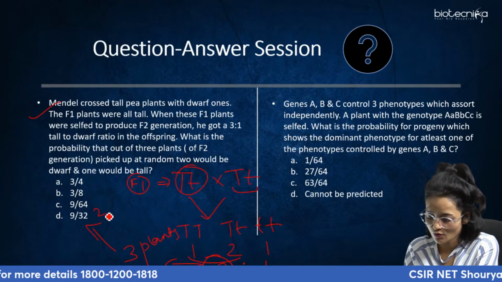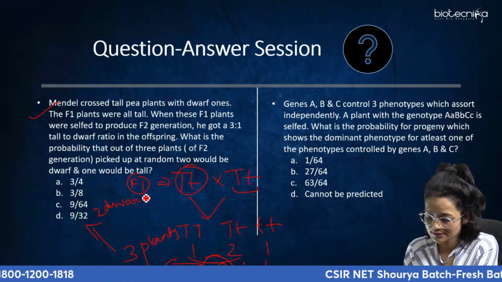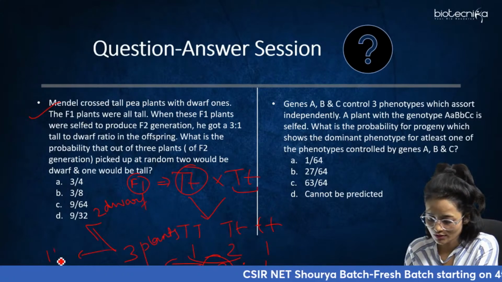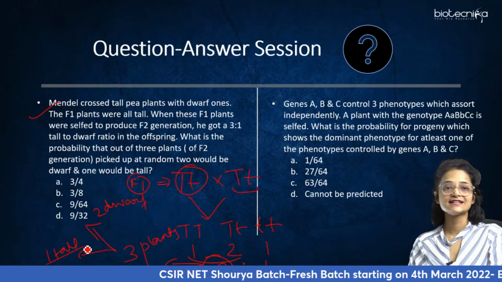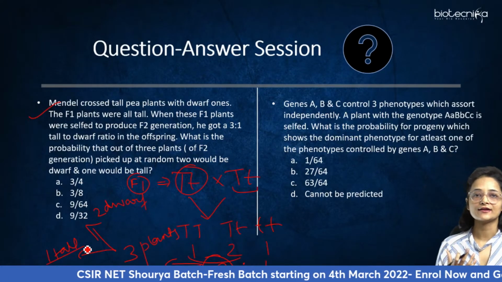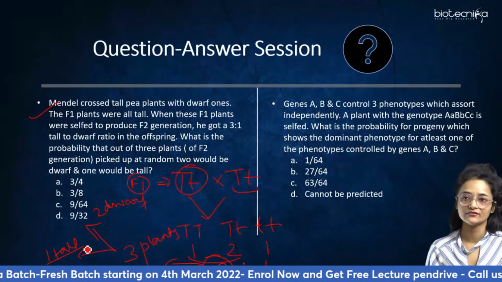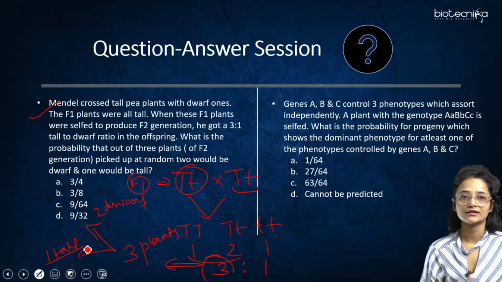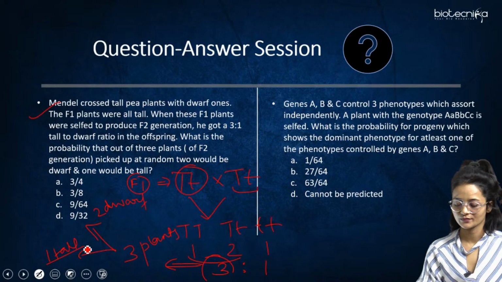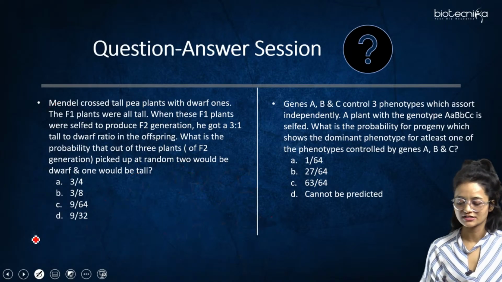So 2 should be dwarf, right? And 1 would be tall. For this type of question, where a binomial situation is taking place, with 2 conditions given, you need to apply the binomial theorem here. So what does the binomial theorem actually say?